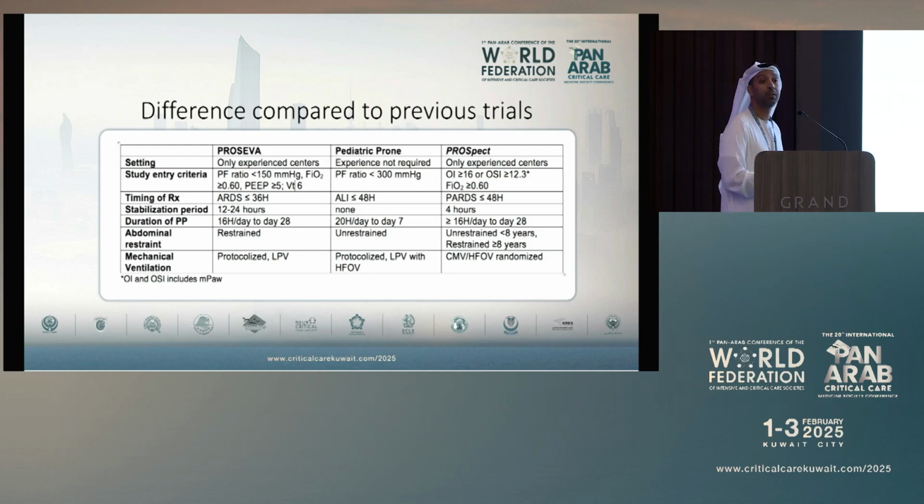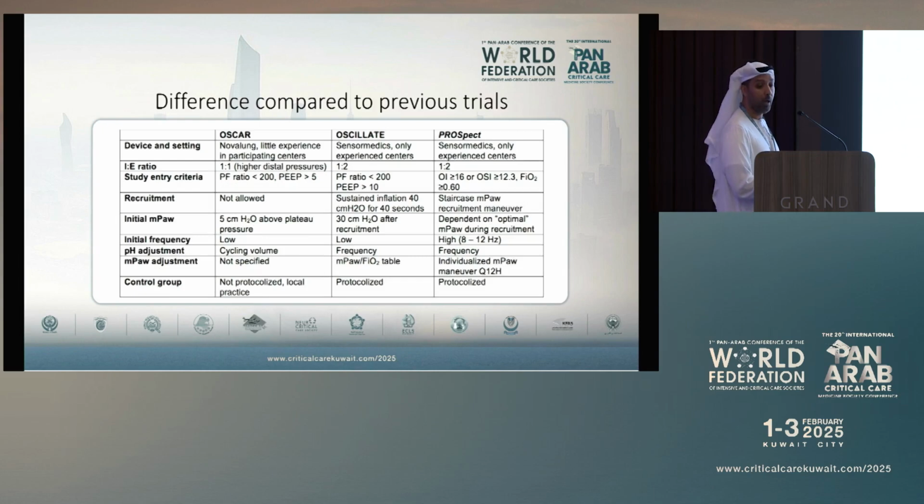Less than 300 includes all ARDS, mild, moderate, severe. But we know from many studies, including this study, that proning will be beneficial only in moderate to severe. So that's probably why there is no outcome benefit in that trial, and that's why we restrict our study to those patients who have severe ARDS.